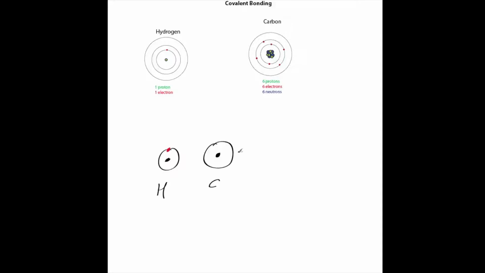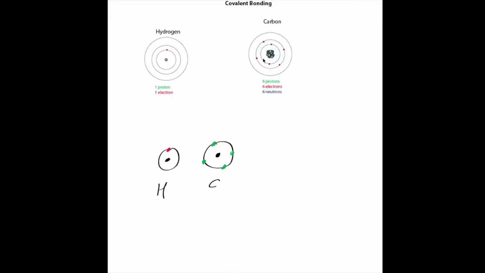Put an electron there for hydrogen, and on carbon it's got 4 on the outside like that. In fact, I'll change them to a different colour as well, just to indicate that these electrons here are actually belonging to carbon. Okay, so that's carbon's outer shell.